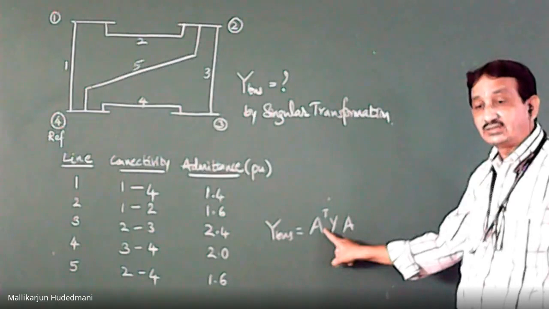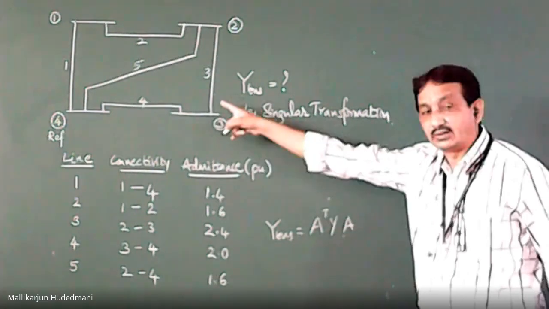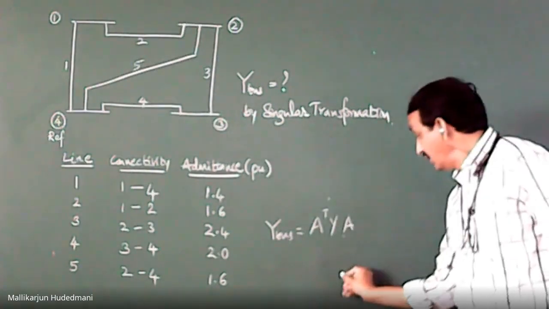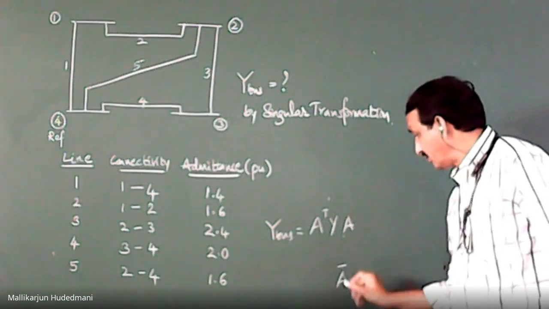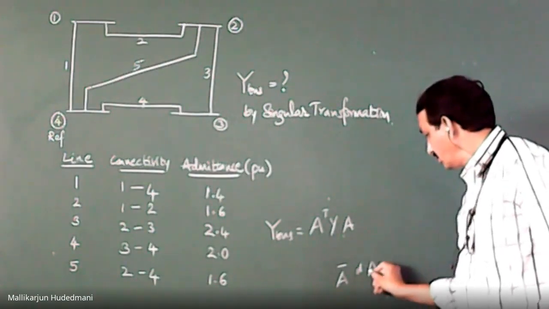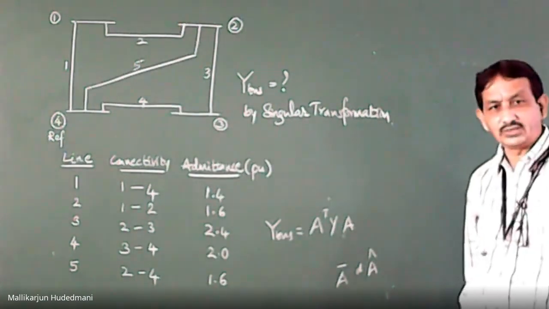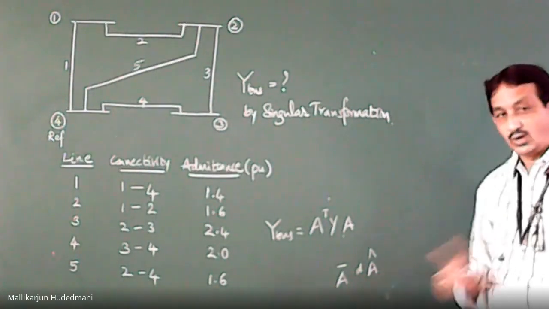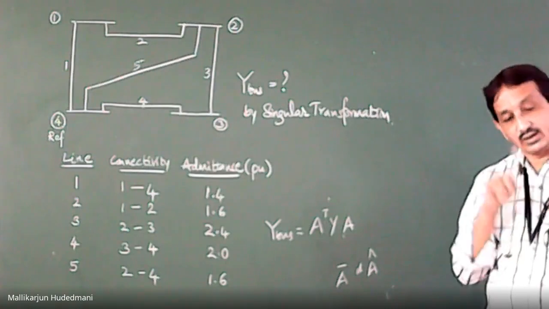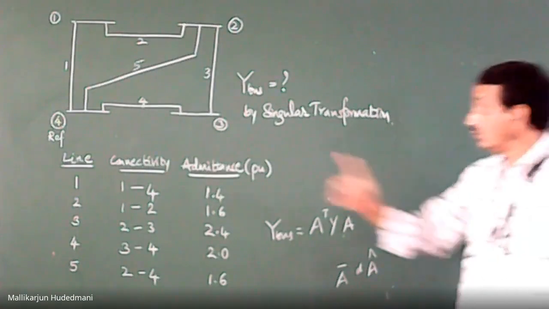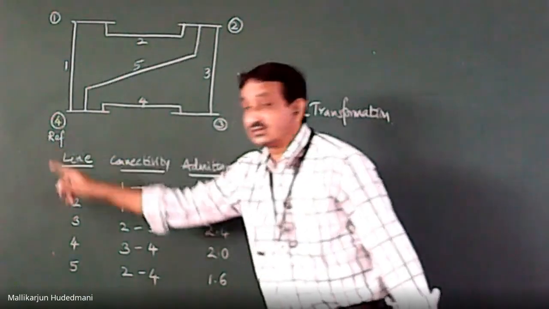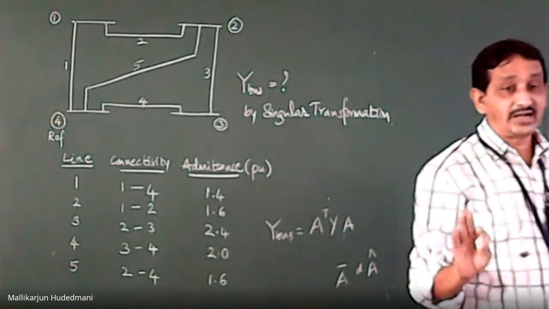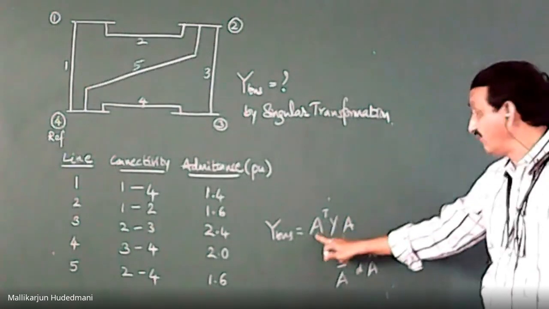It is the reduced incidence matrix of the given problem. What is A cap or A bar, if you could see? This is called the full incidence matrix. From this, one of the rows or columns referring to the reference bus is removed, and that remains as A for me.